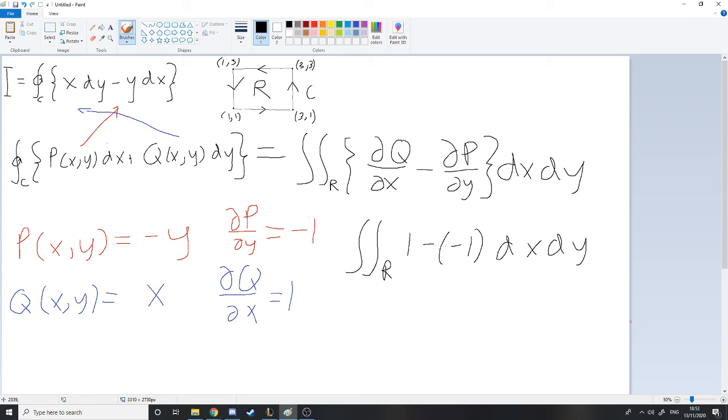Okay, so this is clearly just 2, and it's just a constant, so we can take that out the front of the integral.